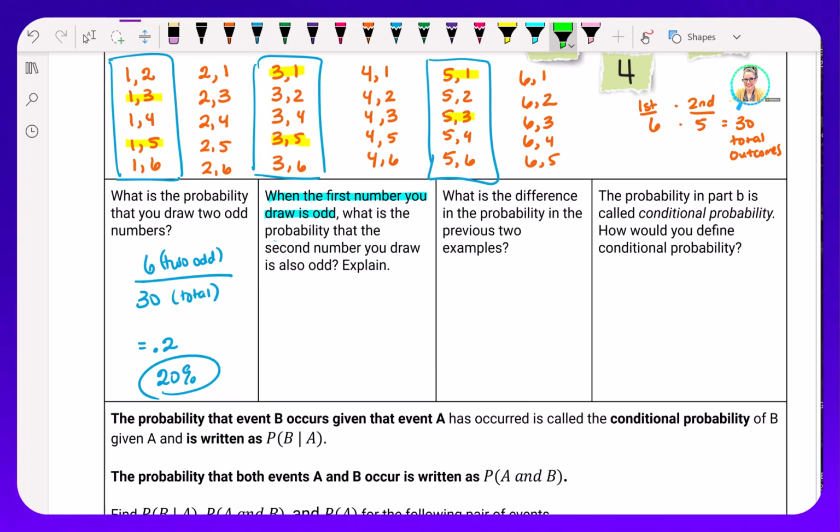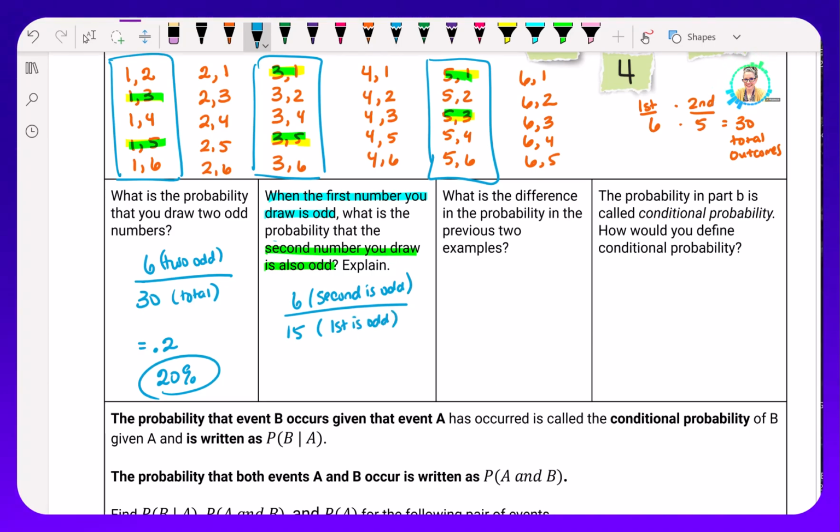So when I do the second part, what's the probability that the second number is also odd? What you're going to do is look only in the things that I've boxed in. So the second number also odd, it's going to be all of these right here. So I've got 6 where the second is odd, and then I only have 15 where the first is odd.